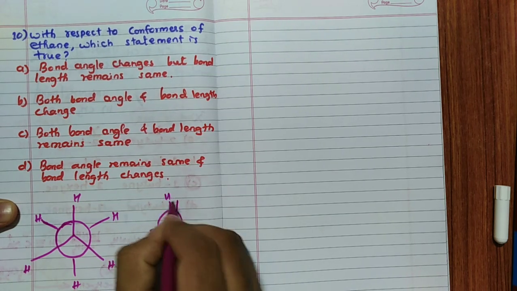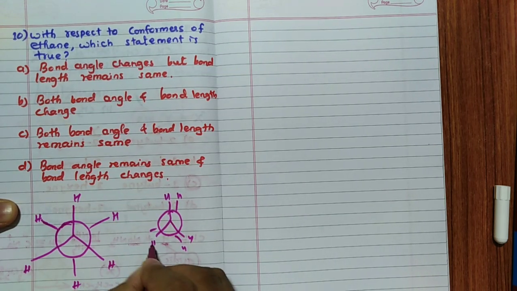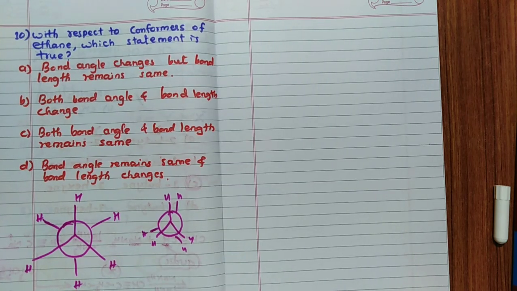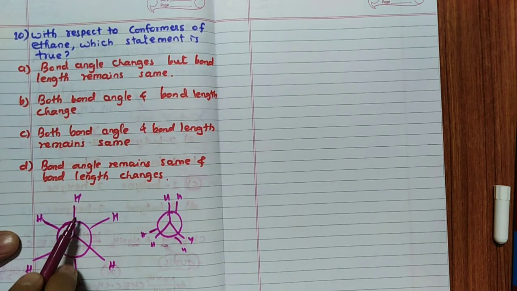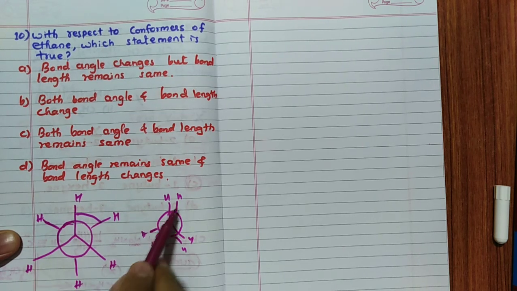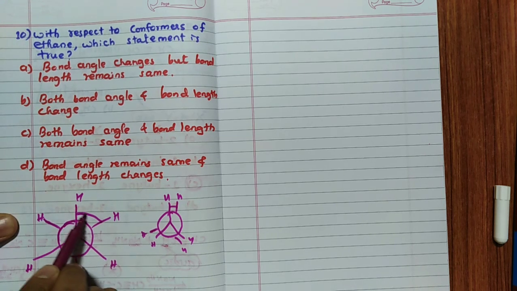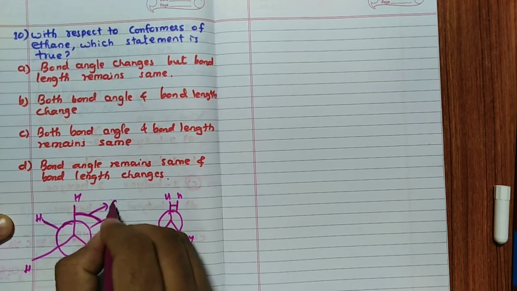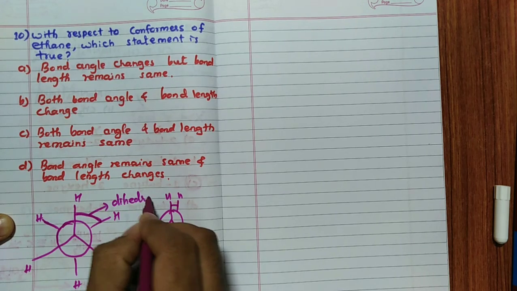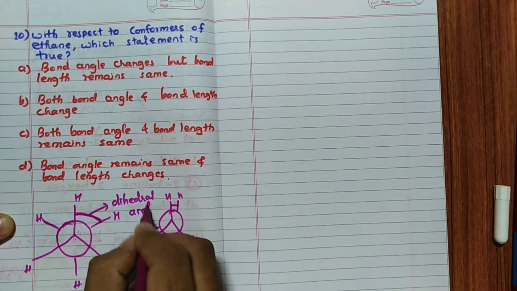Very near to each other. One is staggered and one is eclipsed. Now generally what we will think, so bond angle here it is more, here it is less, bond angle decreases. Correct? Bond angle changes, bond length generally does not change, we will think. But remember in this particular case, this angle what you are telling, we call it the dihedral angle.